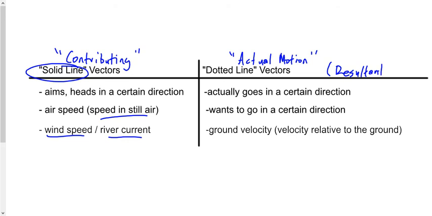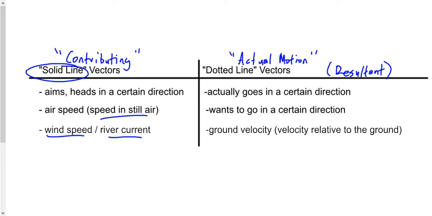If I want to go in a certain direction, let's assume that I'm smart enough that I actually go in that direction, or the pilot of an airplane wants to go directly north towards Edmonton. Let's assume that he or she actually goes north towards Edmonton. Okay, that would be a dotted line vector, a resultant, a thing that comes as a result of wind speed, the way they aim, and so on.